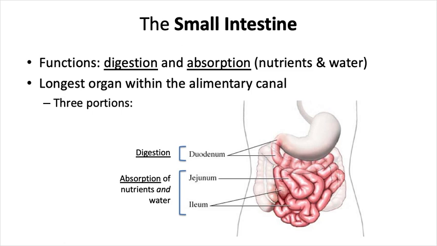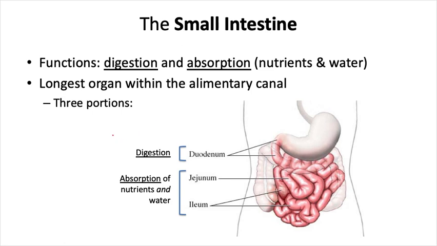Okay, we're going to move on now to the small intestine. The small intestine is going to function in both digestion and absorption. It is the longest part of the gastrointestinal tract. There are 3 parts: the duodenum, the jejunum, and the ileum.